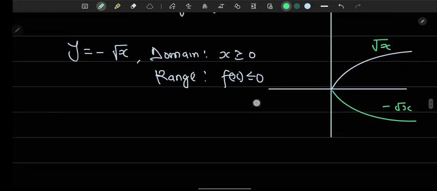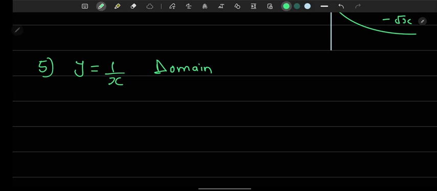Okay, now the last one we are going to consider in this tutorial is y equals to 1 over x, and of course this is a rational function. To get this, we look for the domain as usual. This particular function can only be defined for the set of real numbers except when x is equal to 0.